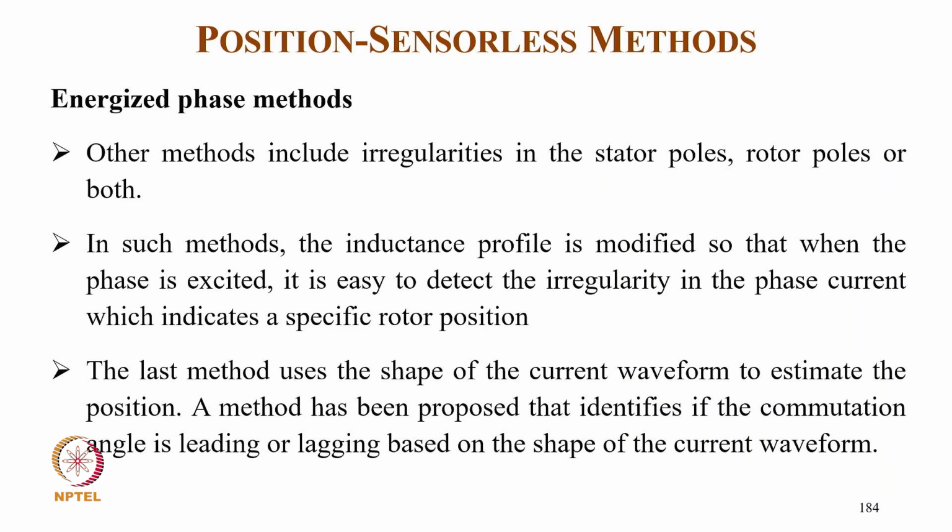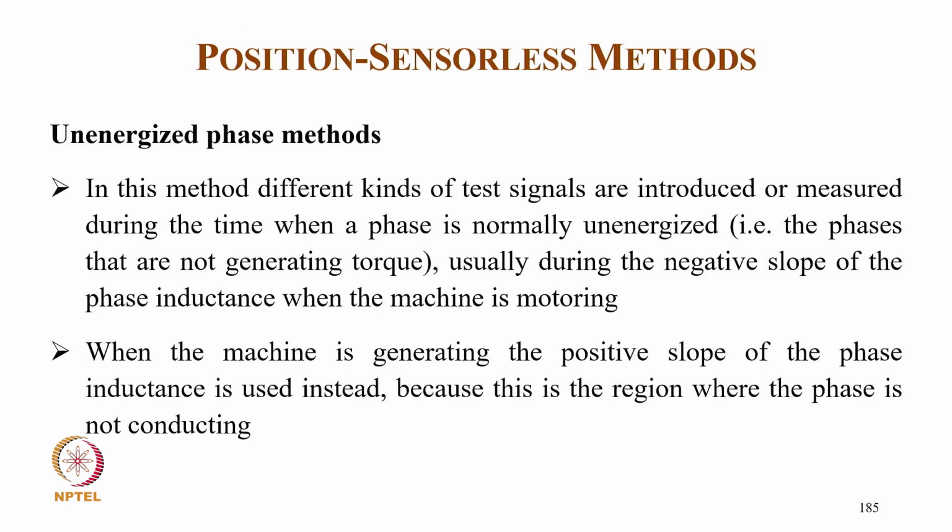Other methods include an irregularity in the stator poles, rotor poles, or both, where the inductance profile is modified so that when the phase is excited it is easy to detect the irregularity in the phase current, which indicates a specific rotor position. The last method uses the shape of the current waveform to estimate the position, and a method has been proposed that identifies whether the commutation angle is leading or lagging based on the shape of the current waveform.